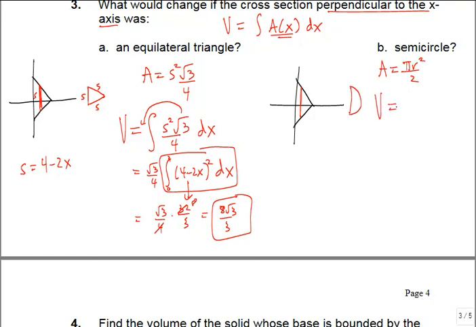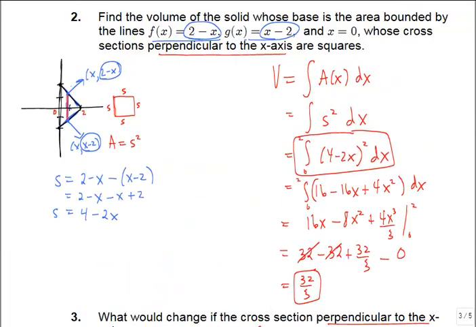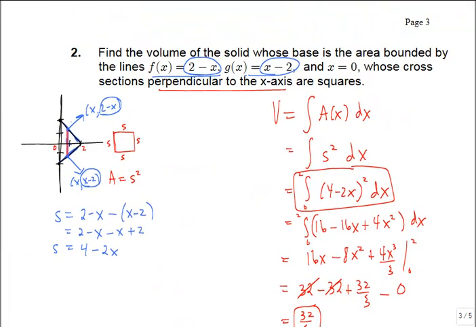So my volume now needs to be the integral of pi r squared over 2 dx. So I need to know what my r is in terms of x. Well, r is just this distance going from the center up to the top. So if you remember our points here, both of these share the same x, the top point was on the top function 2 minus x.